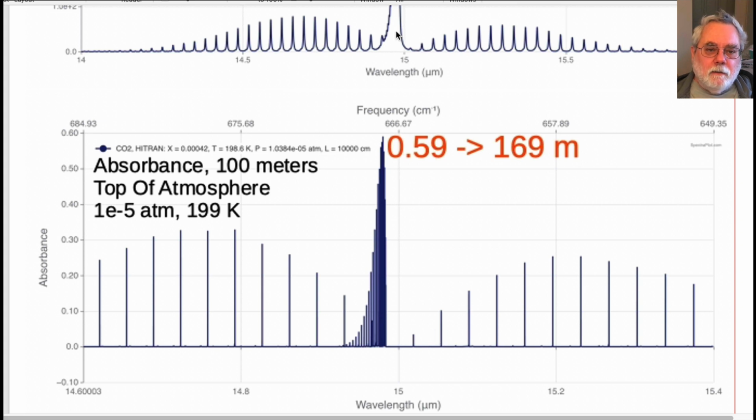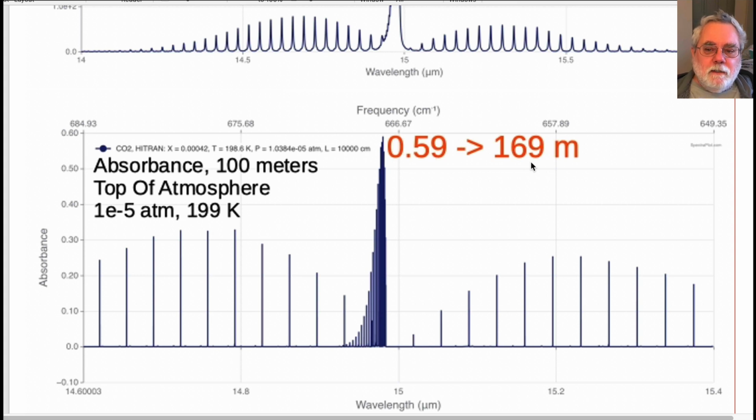The main peak is now resolved to over 27 narrow spikes. The absorbance has fallen greatly due to reduced number density due to lower density at the top of the atmosphere. The peak absorbance is about 0.59, which is an absorption length of 169 meters, almost 800 times longer at the top of the atmosphere than at the bottom.